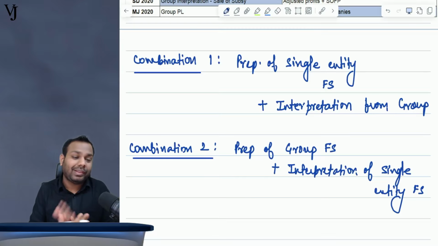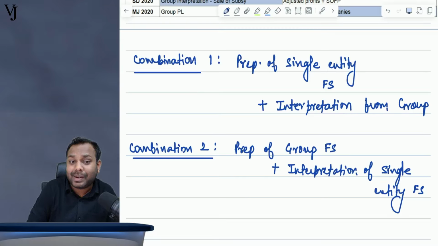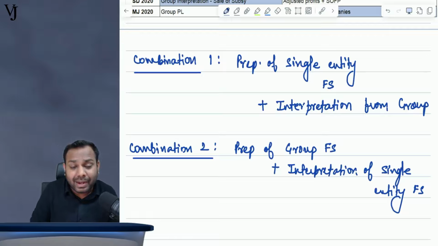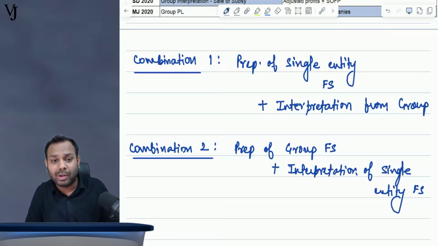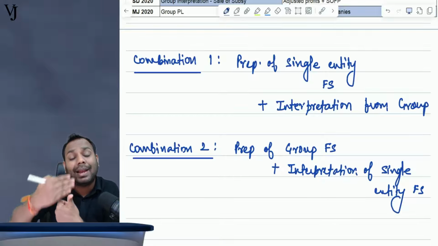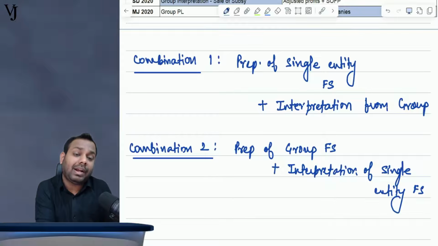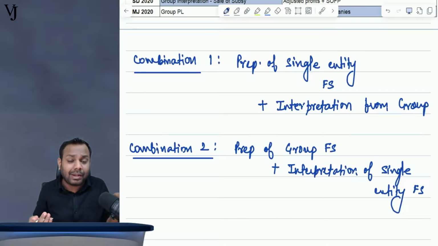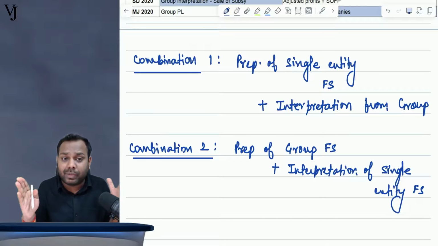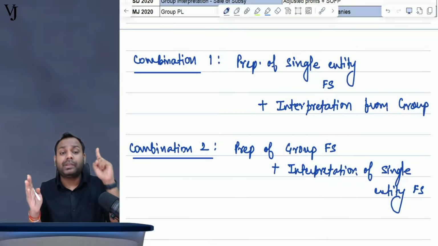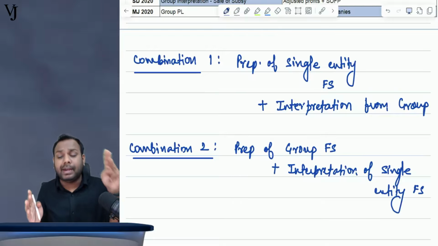Okay, so if there is any student who says, sir, can we leave interpretation? No, interpretation will be asked in the exam. Can we leave single entity financial statements? No. If you don't study single entity financial statements, you will not be able to analyze or interpret them. So the combination has been designed in a manner that you can't leave anything, whether it be single entity financial statements, group FS, or interpretation of FS.